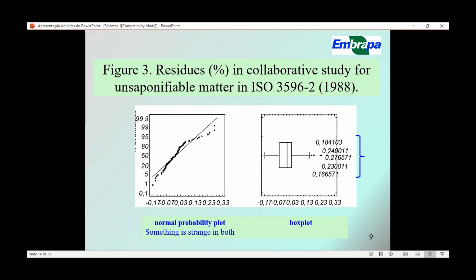There is something strange in the first plot. In the box plot, on the right, we can see a lot of data out of the region formed by the box plot, the center of the plot, the mean of the plot.